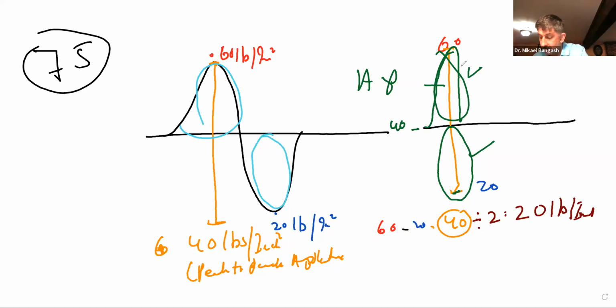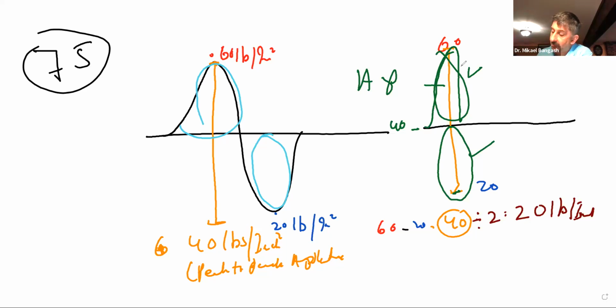If you go to the page where the chart of amplitude is, let me give you the exact page. It's on page 28, or 27.